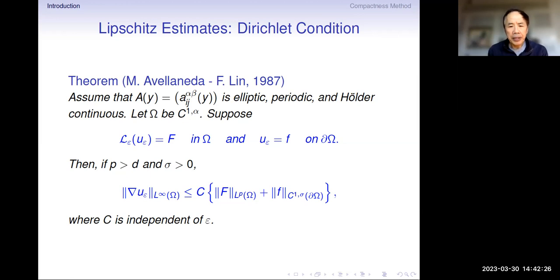So you look at this elliptic equation in omega with Dirichlet boundary condition, u epsilon equal to f on the boundary of omega.